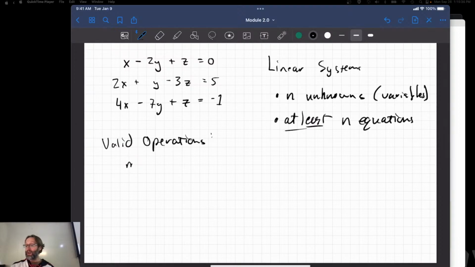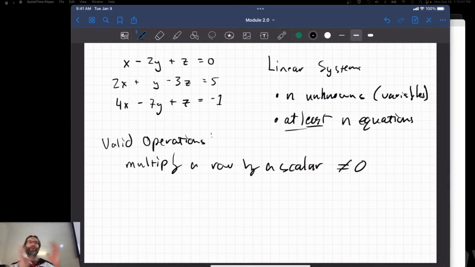Row operations. You can multiply a row by a scalar. Not 0, though. What if you multiplied a row by a 0? 0 is equal to 0. Wow. You just found a fundamental theorem. 0 is equal to 0. Good job. So don't multiply it by 0.